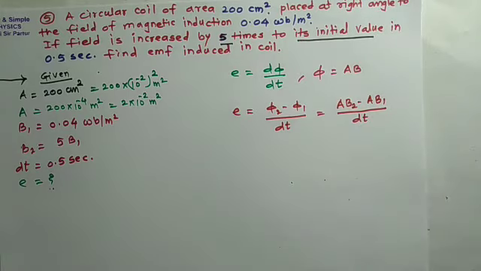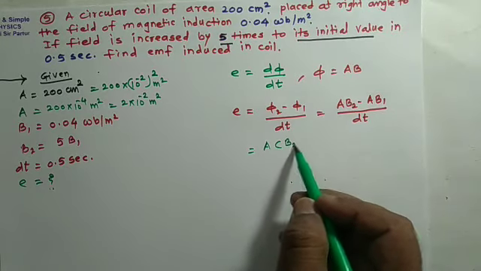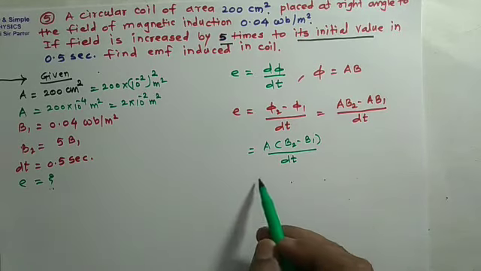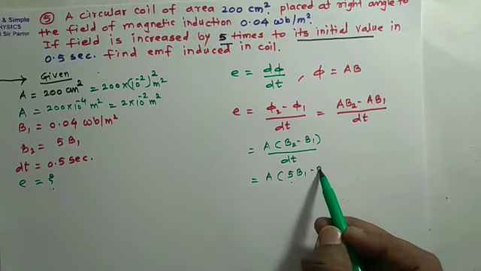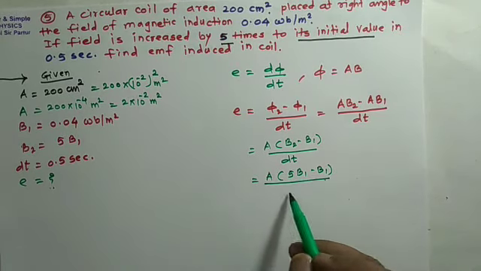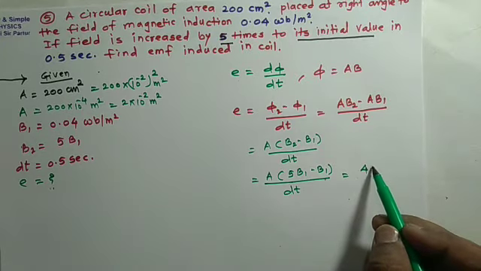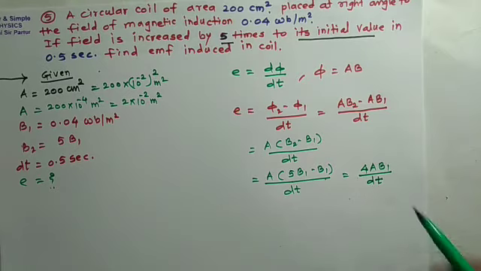Taking A common, A into B2 minus B1 upon dt, we can write A into 5B1 minus B1 upon dt. It becomes 4 A B1 upon dt.